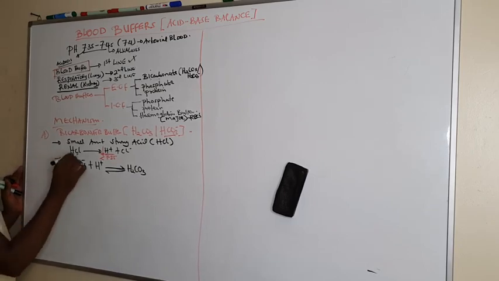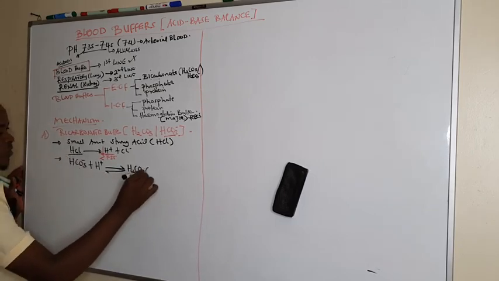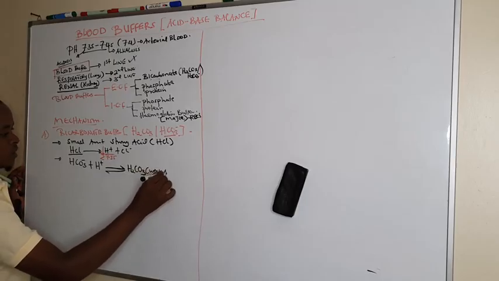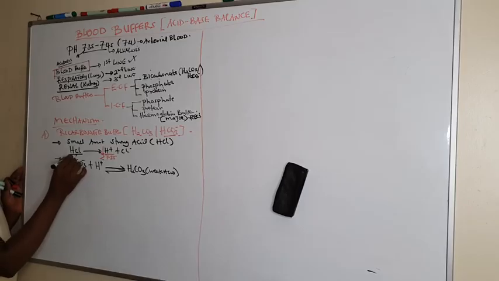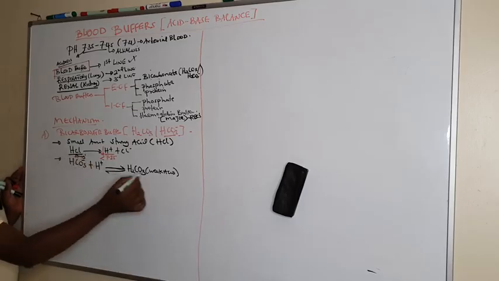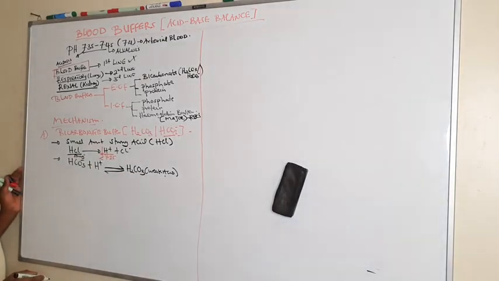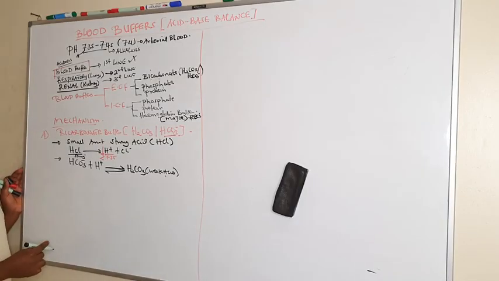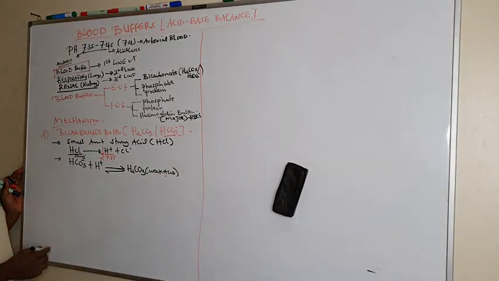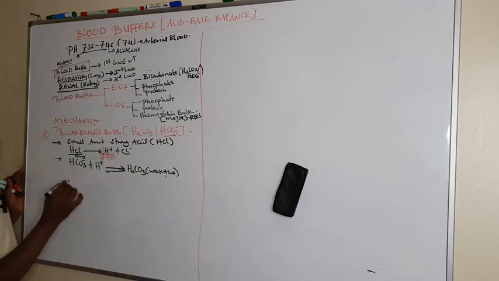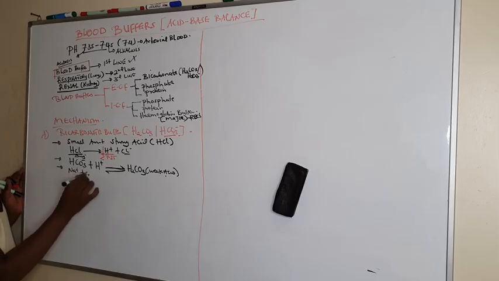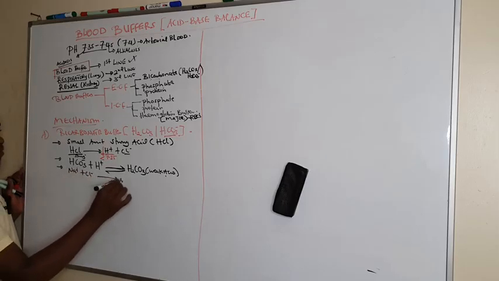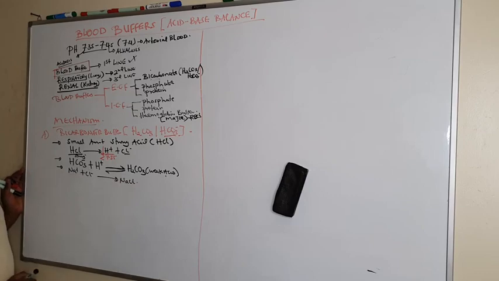So we are replacing a strong acid with a weak acid, and due to this replacement in the blood, it is going to keep the pH at a relatively constant level. Then the chlorides which are liberated are going to react with the sodium in the blood to form sodium chloride.